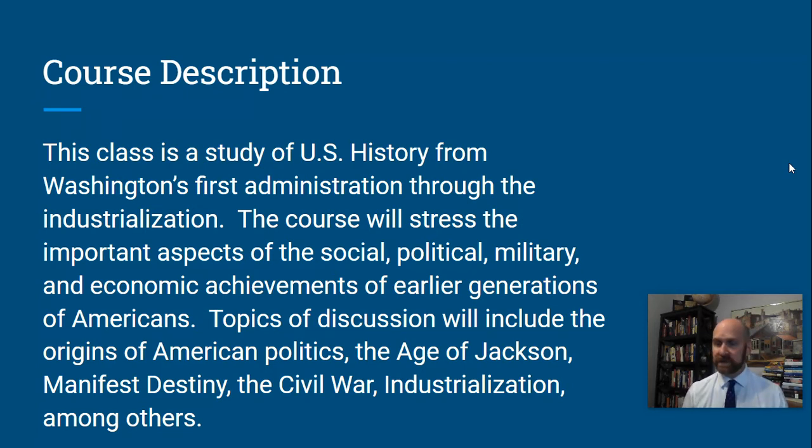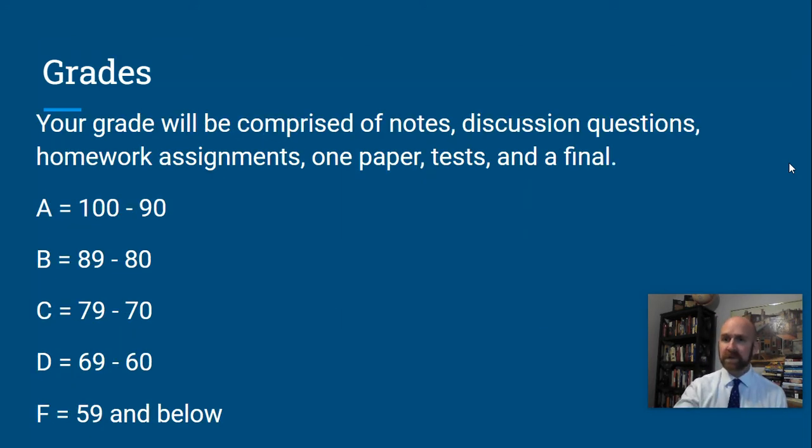We're going to cover the Civil War and Reconstruction, slavery, and industrialization, the labor movement, and so on and so forth. We're going to discuss important aspects of social, political, military, and economic achievements, and really get into what makes America America.